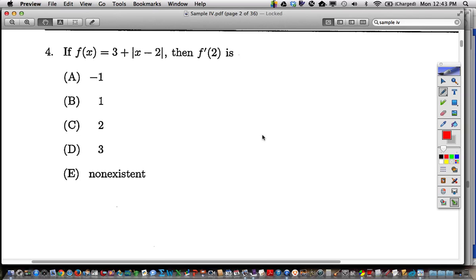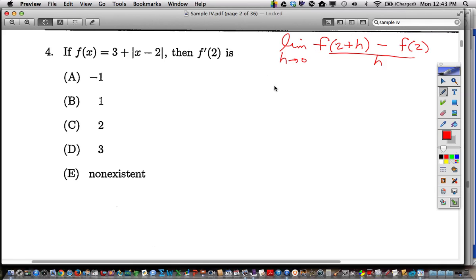Here's a function. What are all the different ways you can find F prime of 2? The long way, that we could write out that whole definition of the derivative, right? What is that? Limit as h approaches 0 of f of 2 plus h minus f of 2, all over h. That's good practice.